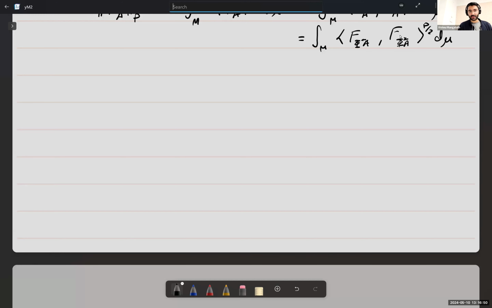Okay, so this is the main theorem. I think I stated a more general version of this before, but I'm going to stick to a simple version.